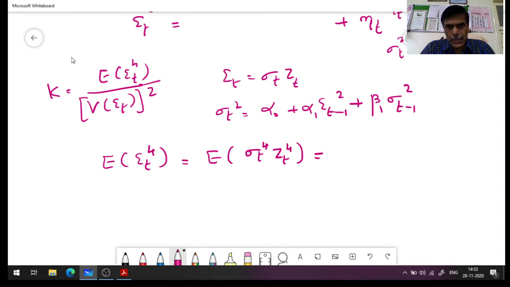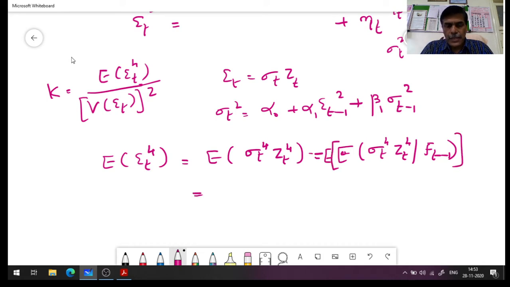This simplifies, as sigma t is a function of the past values, so I'll write this as conditional on the past: the expectation of sigma t to the power of 4 zt to the power of 4 given F t minus 1, and then take one more expectation over here.